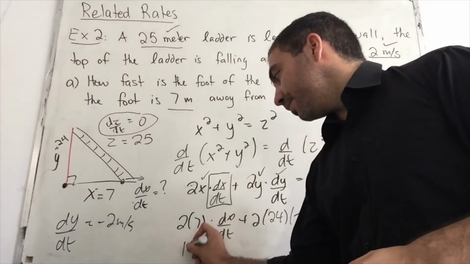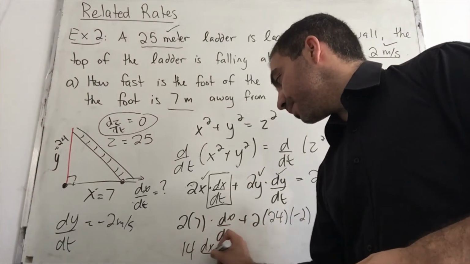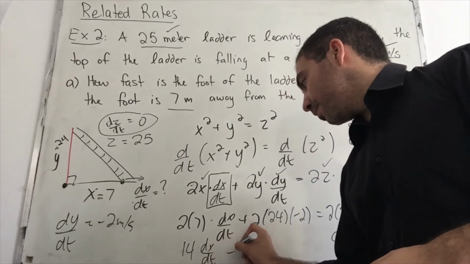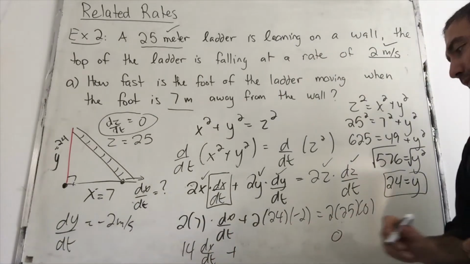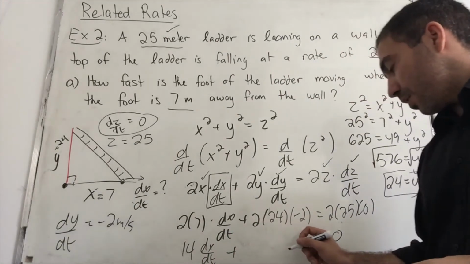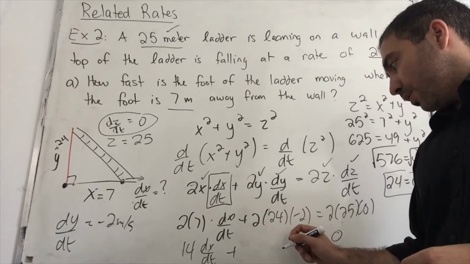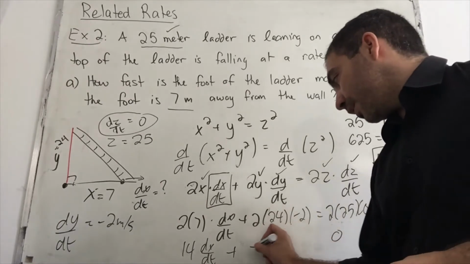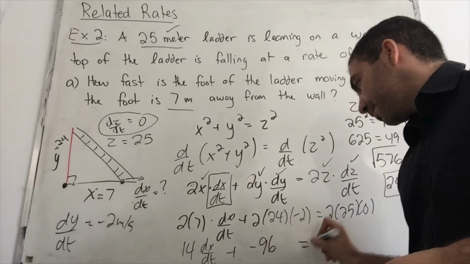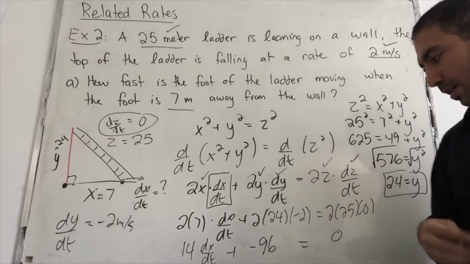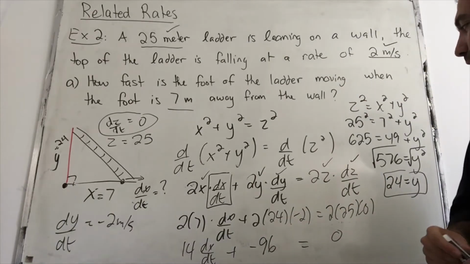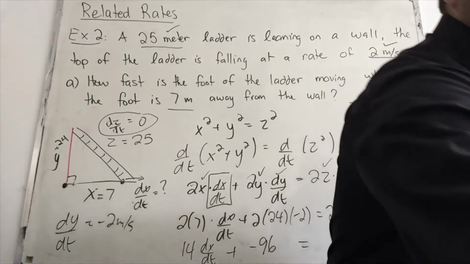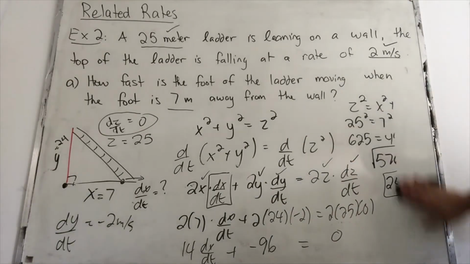Here we get 14 dx dt plus 2 times 24 times -2. What is that? 48 times -2 is -96. Now we just solve for the missing variable. I'm going to erase and give myself a bit of room, and we'll do it up here.